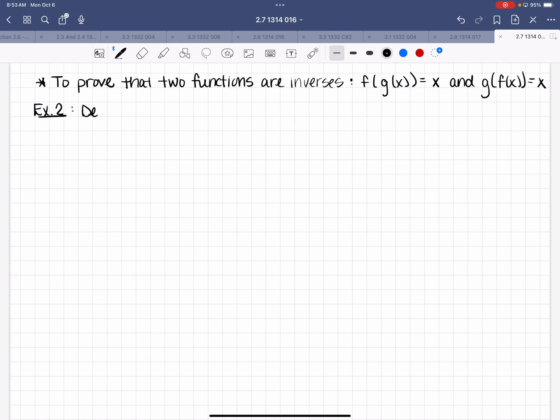So in example 2, we have determine if the given functions are inverses.